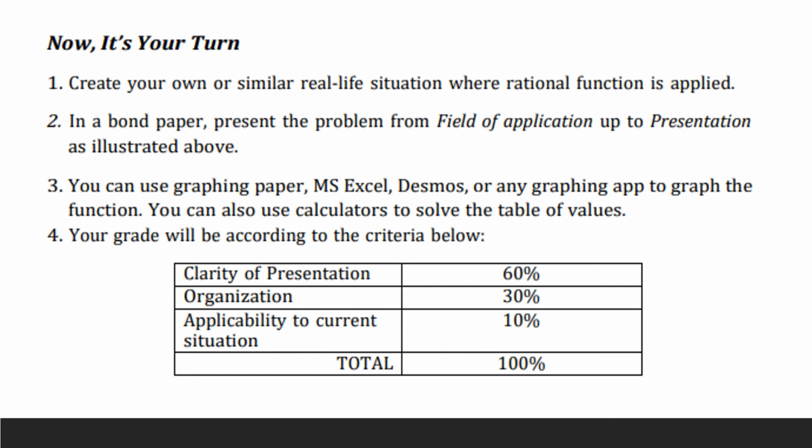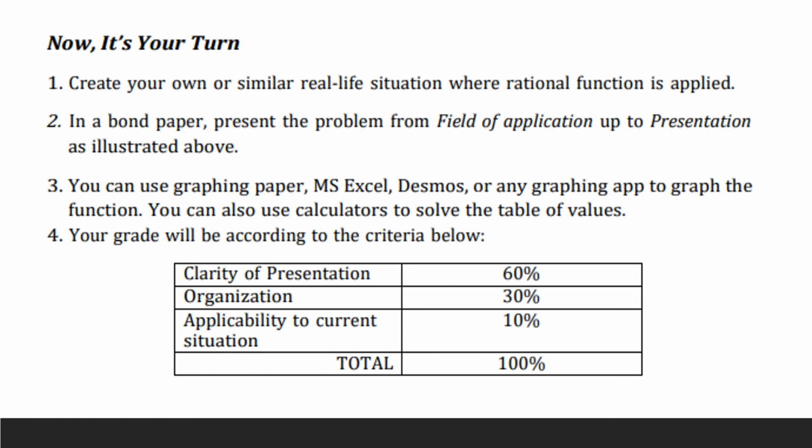Ang gagawin nyo is this. Create your own or similar real-life situation where rational function is applied. For example, sa inyong family, ang inyong monthly allowance is 5,000 pesos. Magkano ang matatanggap ng bawat family member kung 5,000 ang inyong allowance for food? So, it's like f of x equals 5,000 over x. Diba? Simply, it's a function already, rational function.